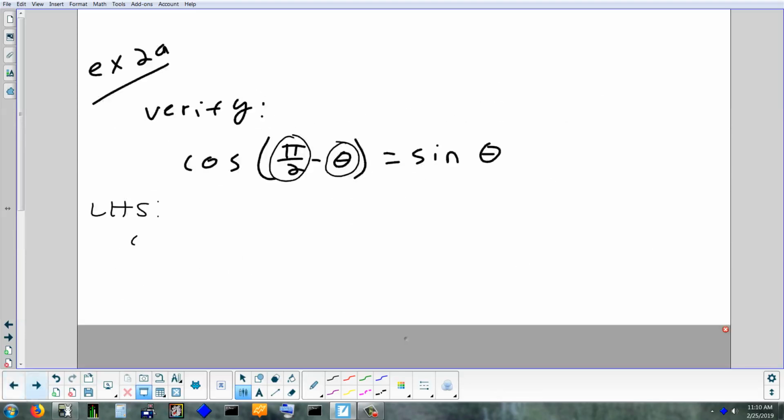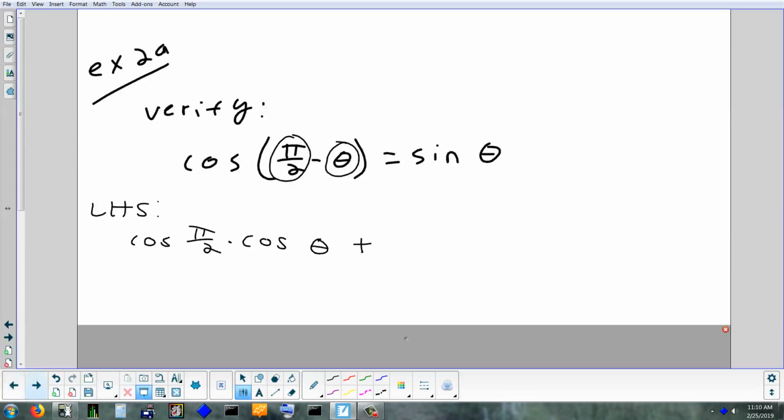So cosine of the first times cosine of the second. Okay, so we've got cosine, cosine. What comes after that? The addition, yeah.